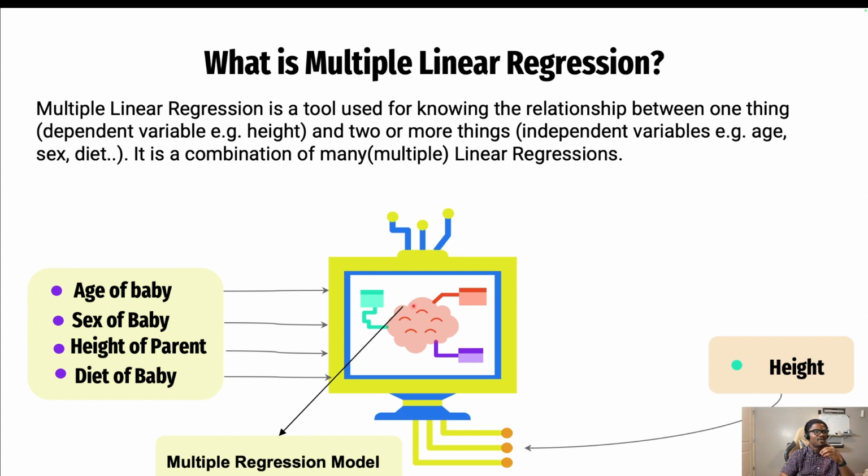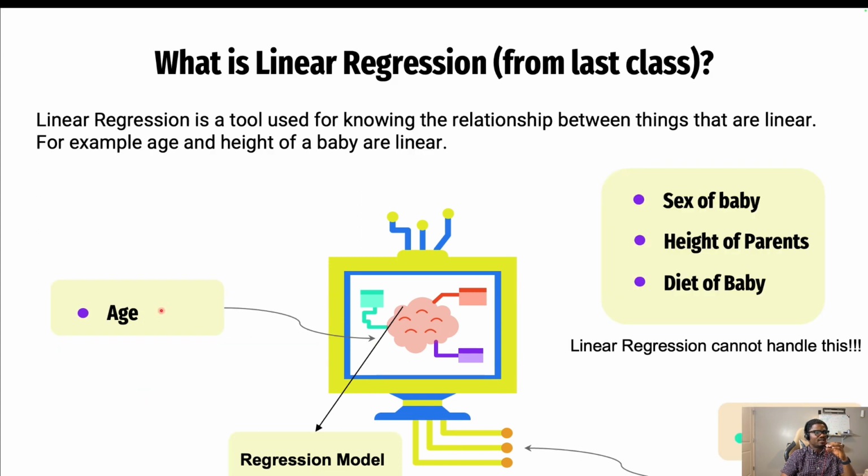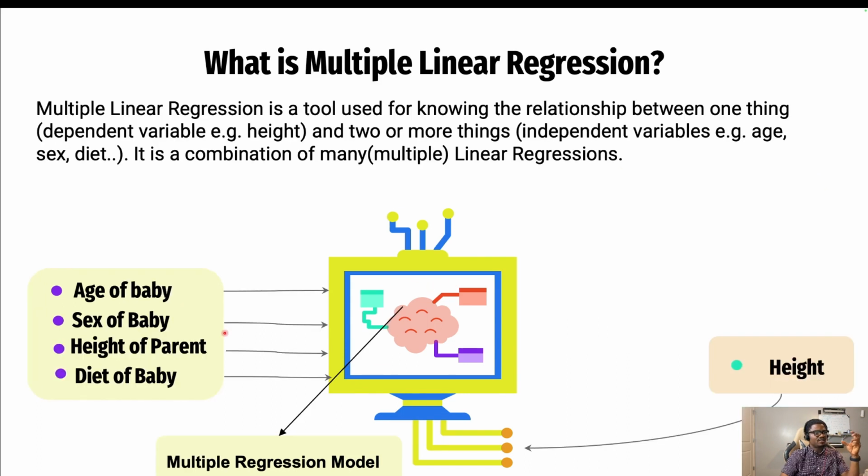Okay, so now assuming that this is our linear regression model, our AI. Our AI for multiple linear regression is able to take all of these inputs that this linear regression cannot take. The multiple linear regression can take all of this, and we can program it, we can teach it, and it is able to predict our height.